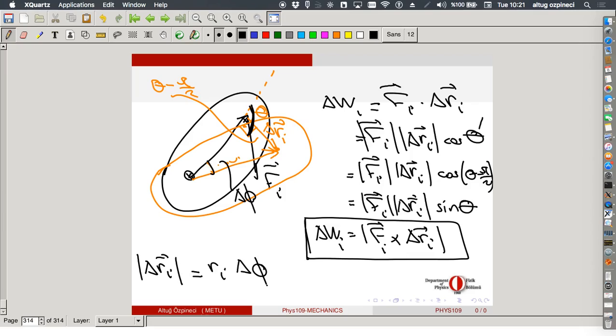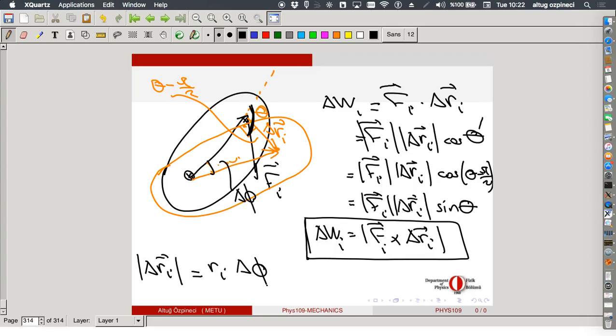So there is an angle between this position vector and the force, which I call theta. Now that point is being displaced by delta Ri. To calculate the work, I need the angle between the displacement vector and the force.